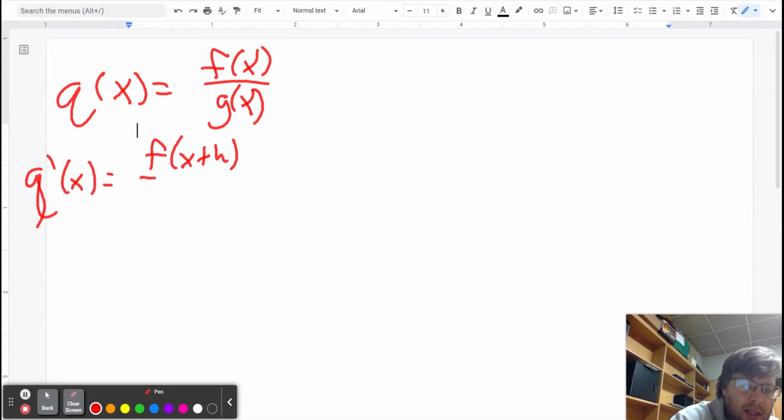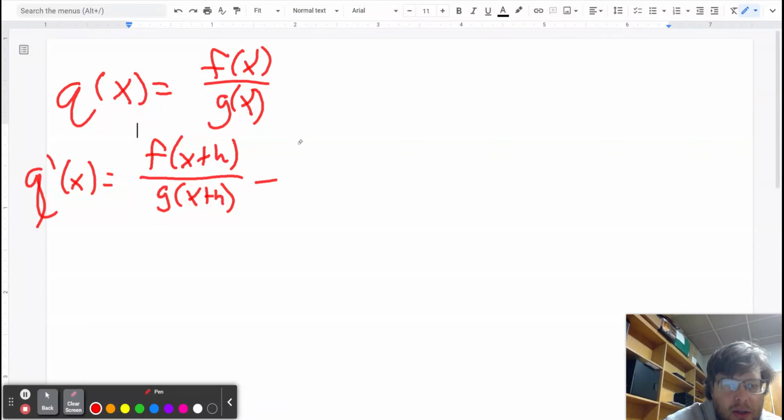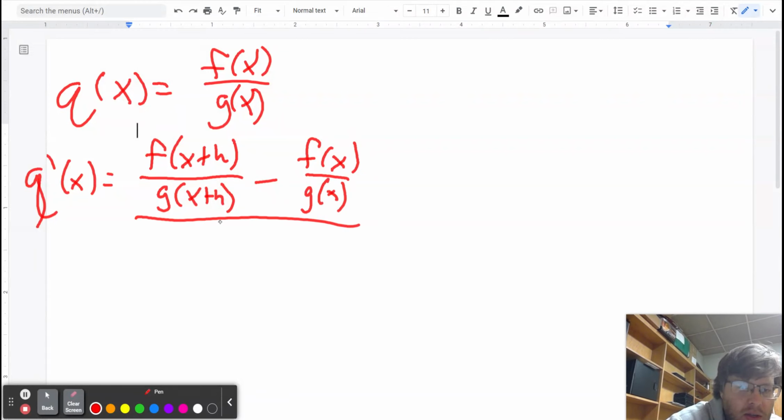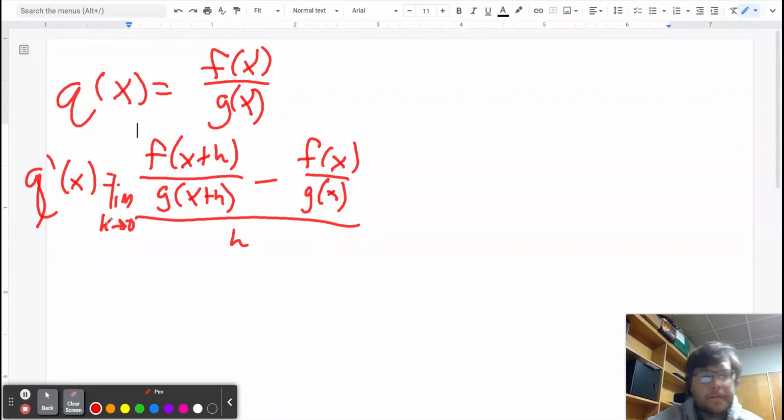Same basic idea. f of x plus h over g of x plus h minus f of x over g of x, all divided by h. Oops, I forgot to write my limit as h approaches 0. What I'm going to do here is get a common denominator.